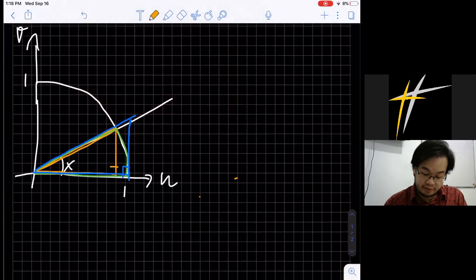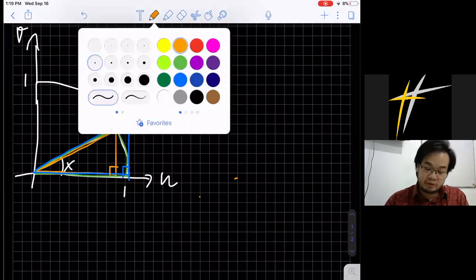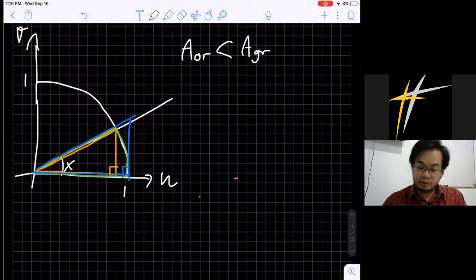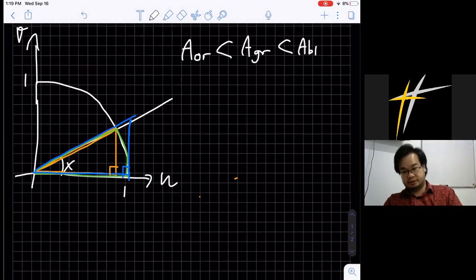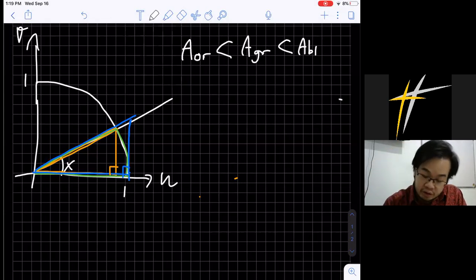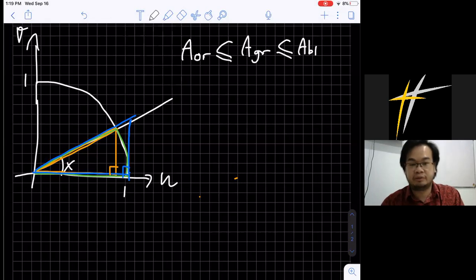The orange one is also a right triangle. And then the green one is a sector of a circle. Okay. Then of course the area of the orange one will be less than the area of the green one, and will be less than the area of the blue one, right? In any value of x, actually it's supposed to be less than or equal to. Okay, in any value of x, this is applicable.